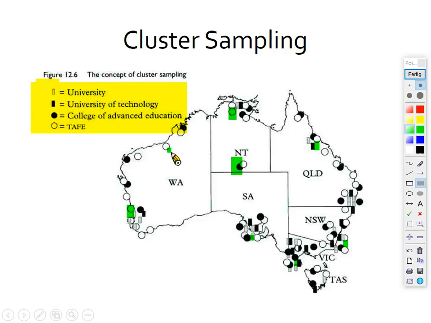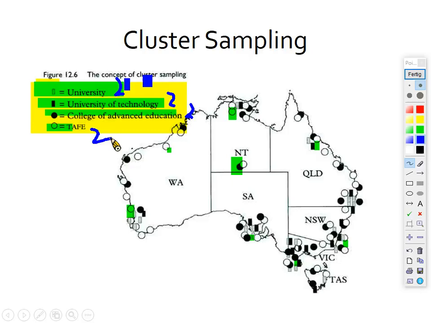Let's consider another possibility. We call it the stratified random strategy, which means that we have 4 different kinds of university, and with the stratified random strategy, we select 2 out of each. So we select 2 from this school system, 2, 2, 2, or 3, 3, 3, 3.